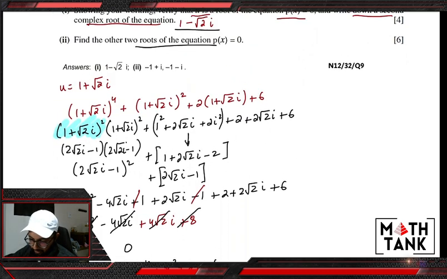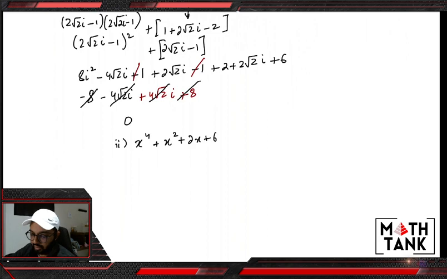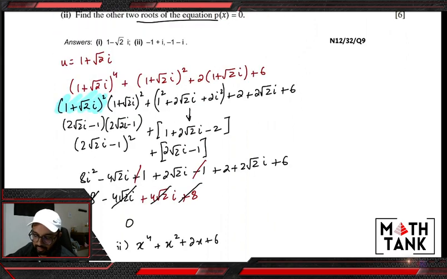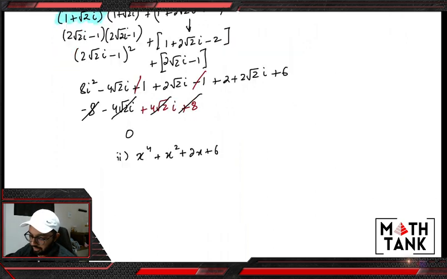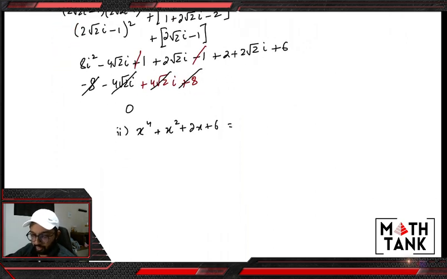What I was trying to find is the other two roots of the equation. So if I know that u equals 1 plus root 2i is a root, I can use that information in order to do a comparison. I'm going to say that the first root was 1 plus root 2i and the other root was 1 minus root 2i, the conjugate of that. Remember that complex roots always occur in pairs if your original equation has real coefficients only.